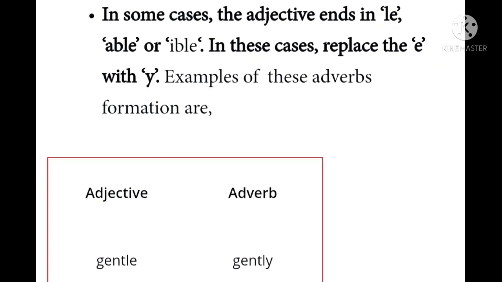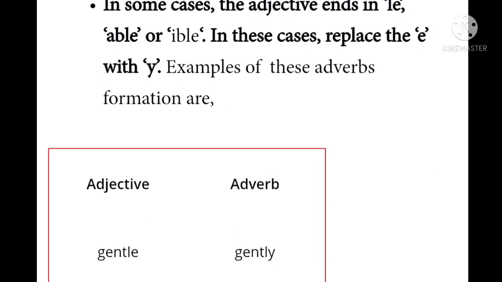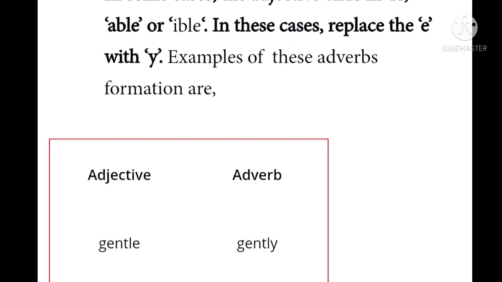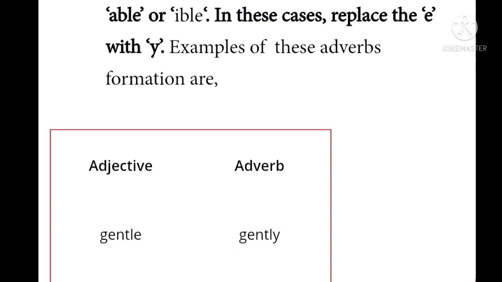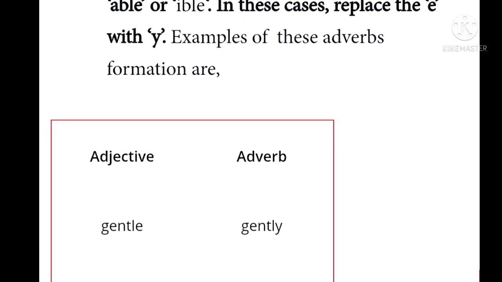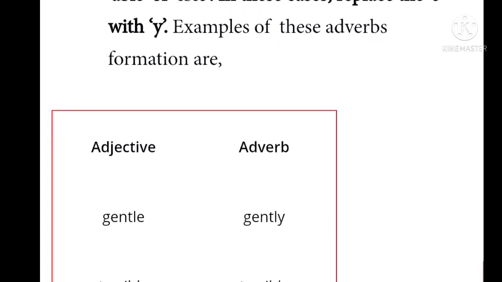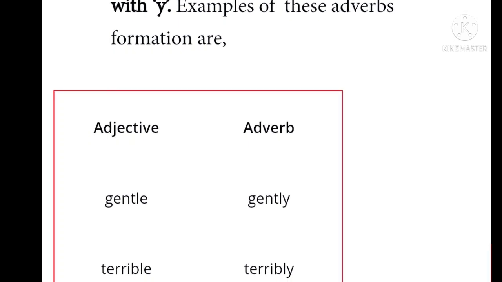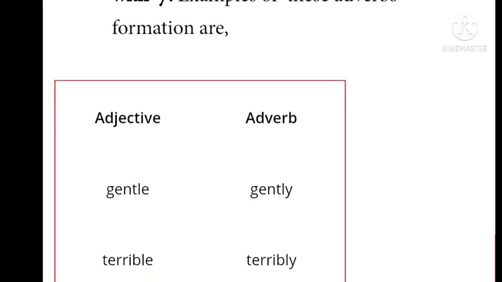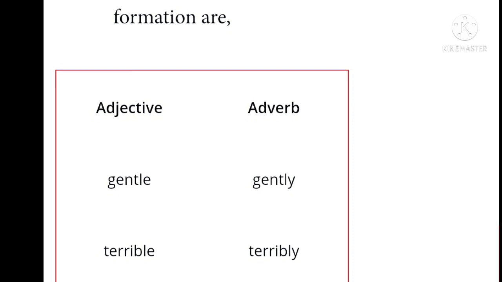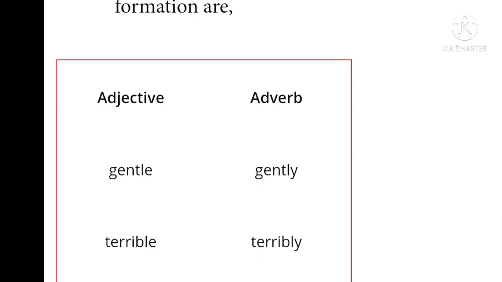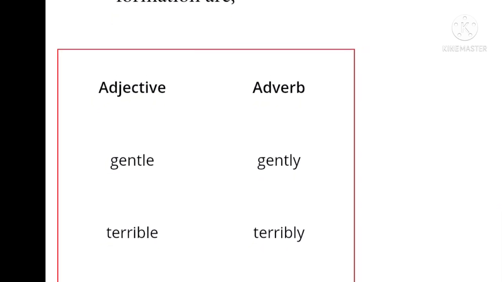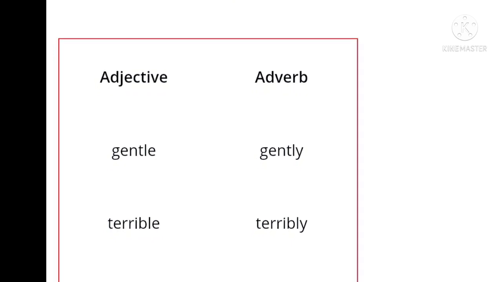Another rule is, in some cases, the adjective ends in le, able or ible. In these cases, replace the e with y. The examples given are gentle; when you change it into an adverb, it becomes gently, where you are replacing e with y at the end.